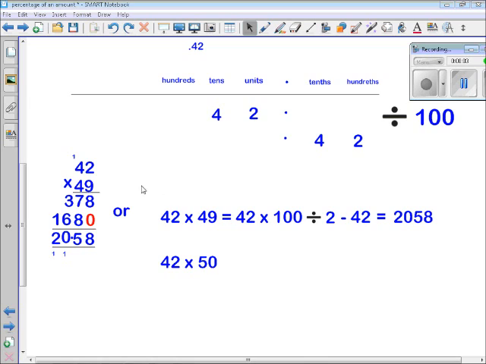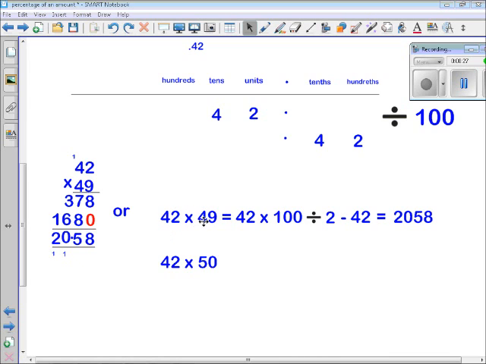Now, as you can see, I've solved this problem of 0.42 times 49 using a long multiplication, but I also could have used this mental calculation to do it, and I'll explain what I've done. At the moment I've forgotten the decimal point, so instead of it being 0.42 I'm treating it as 42. So 42 times 49.